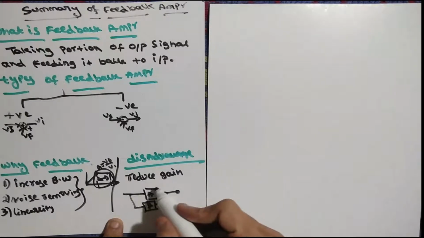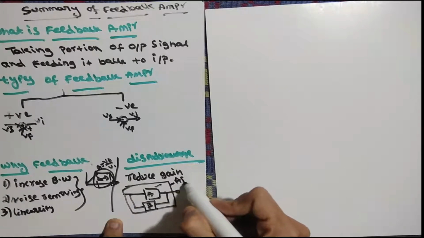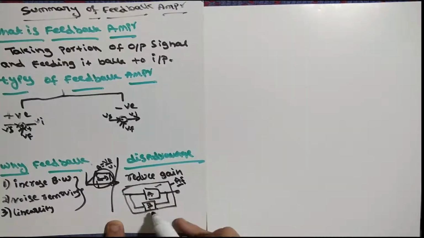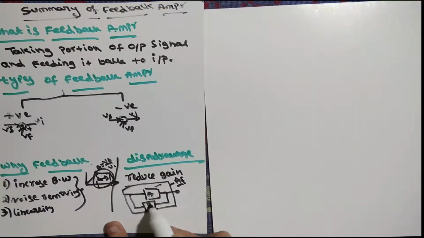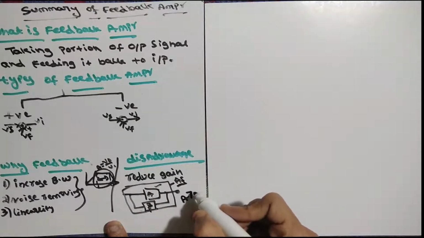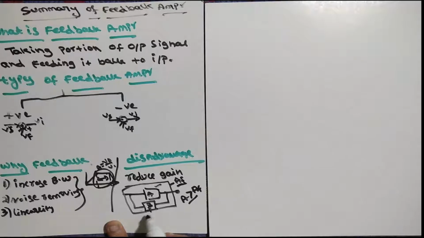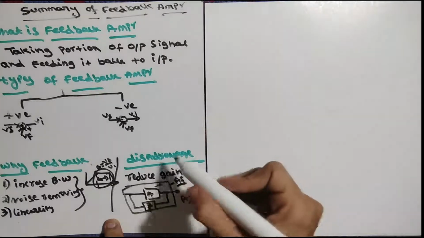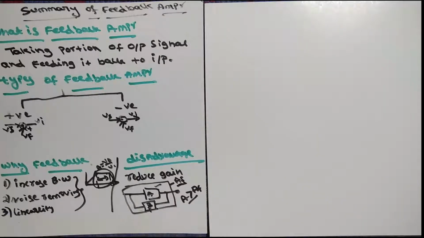The amplifier gain is actually very high, and this total gain you call AF. The gain AF is reduced because of this beta. Major part of the gain is reduced by your feedback. So your total gain with feedback is always less than your amplifier gain. We can say that A should be greater than the total gain with feedback, because beta reduces the gain. So the major disadvantage is that it reduces the gain, or an attenuation action takes place.